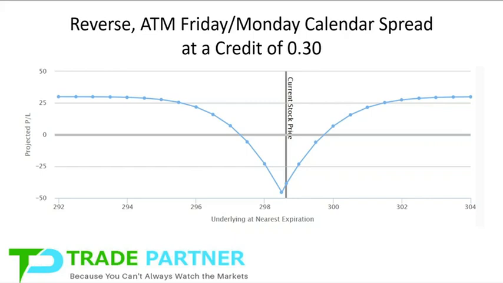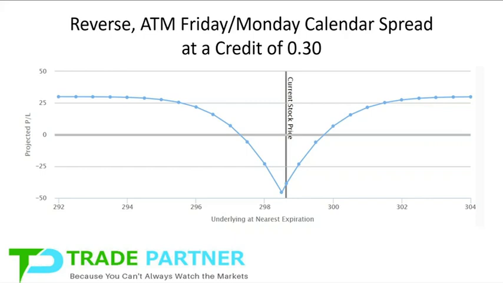The average win versus the average loss is going to be very, very close. Most of the time, you're not going to see the market move down far enough to create the $30 profit, or up far enough to create the $30 profit in just 2 days or 3 days, which is what this would be if it were placed on a Tuesday afternoon or a Wednesday morning.